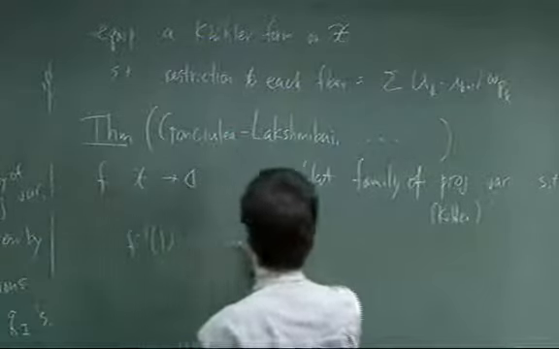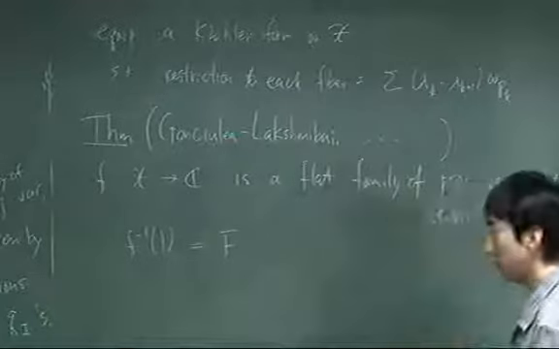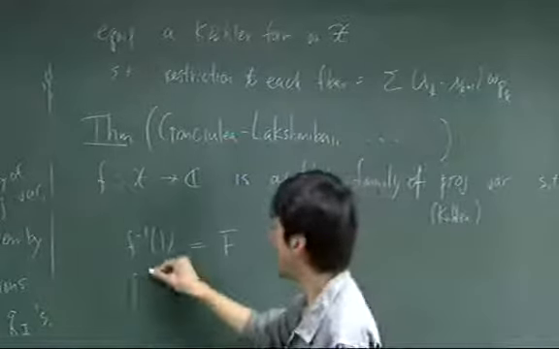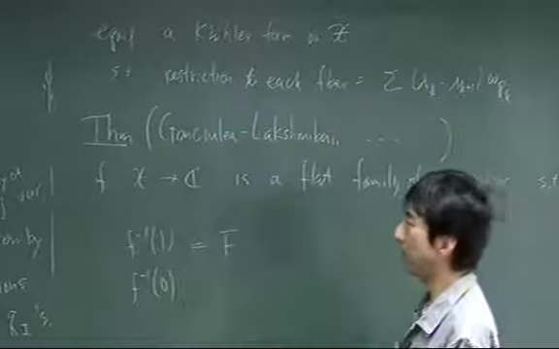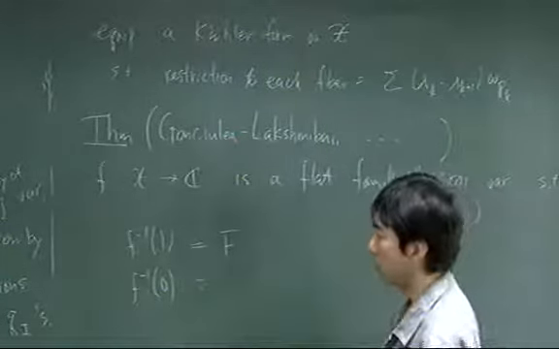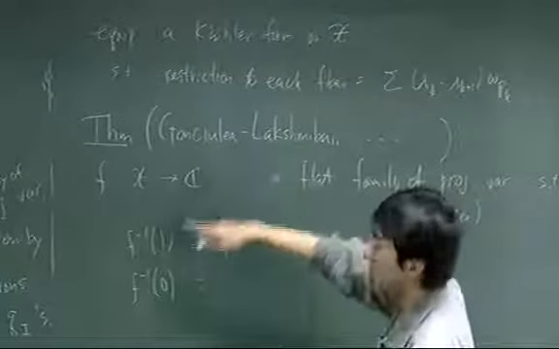So the fiber over 1 is just the flag manifold. And the central fiber is a toric variety, since this is monomial.